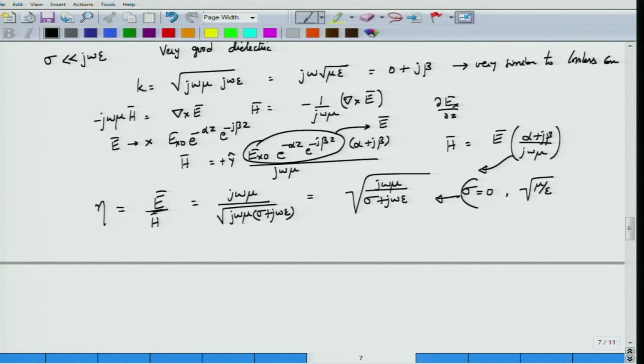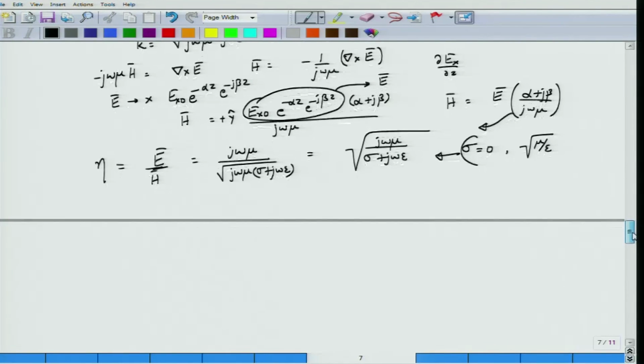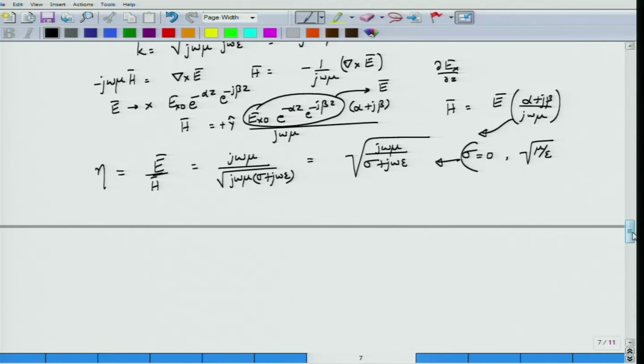So the entire power is not able to be carried because eta is not real, indicating that E and H will have some amount of phase difference, and only the power of the order of cos of that phase difference will be carried by the wave. Okay. So this loss is inevitable because of the imperfect dielectric or a good conductor that we have assumed.